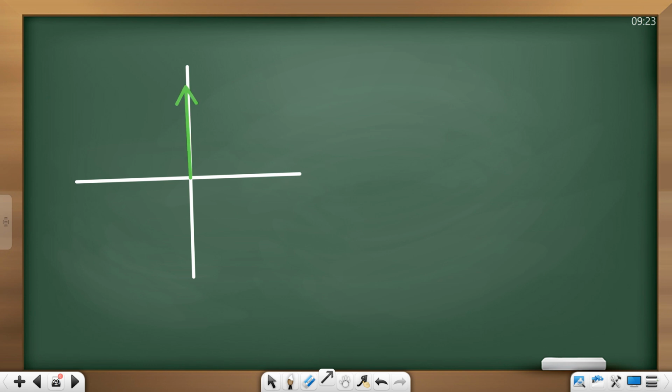I'm going to draw that force there, that force there, that force there, that force there. Call this F1, F2, F3, F4. Equilibrium position.